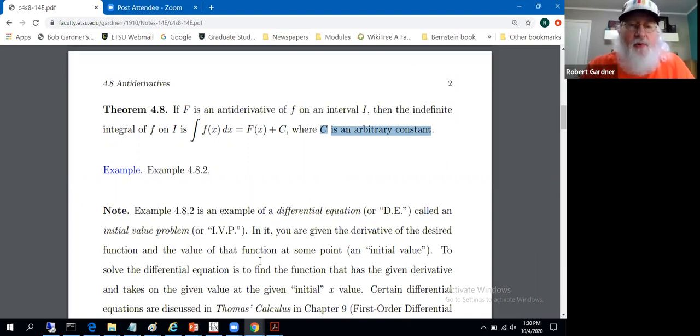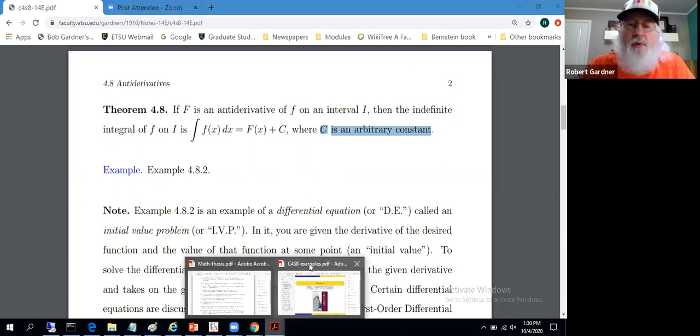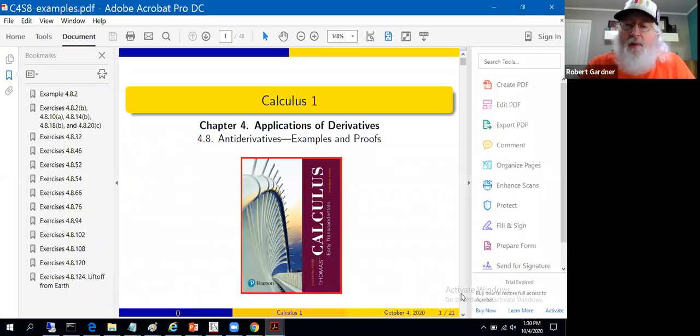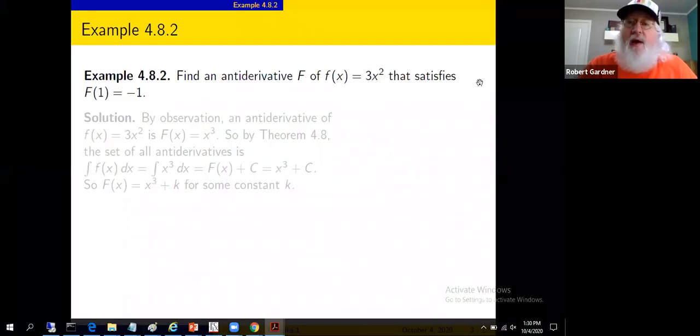Let's do an example, 4.8.2. Okay, you're asked to find an antiderivative of a given function, and you want it to satisfy the condition capital F of 1 equals negative 1. So this is a question about antiderivatives.